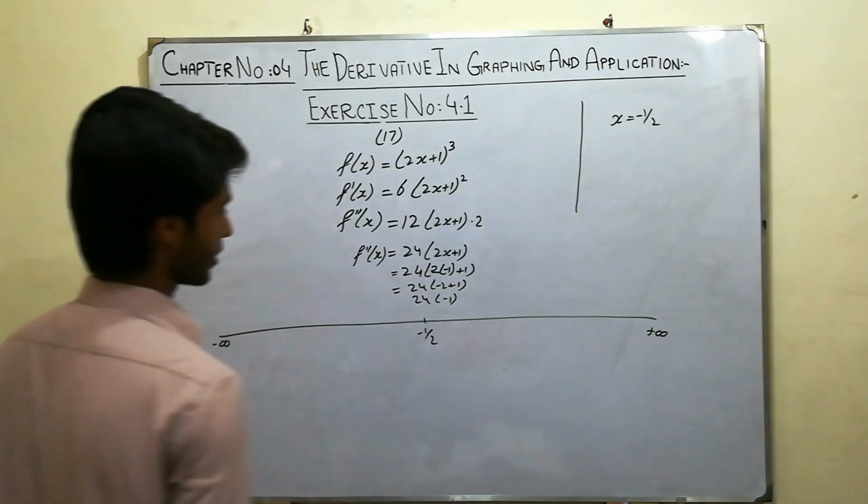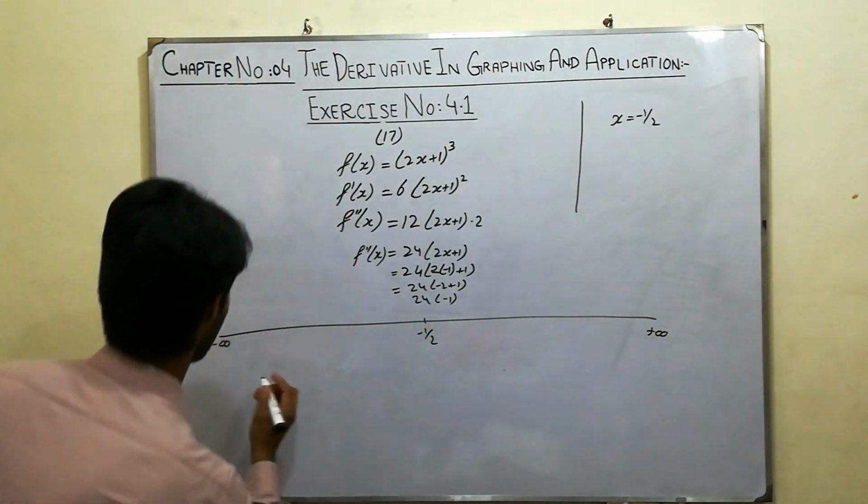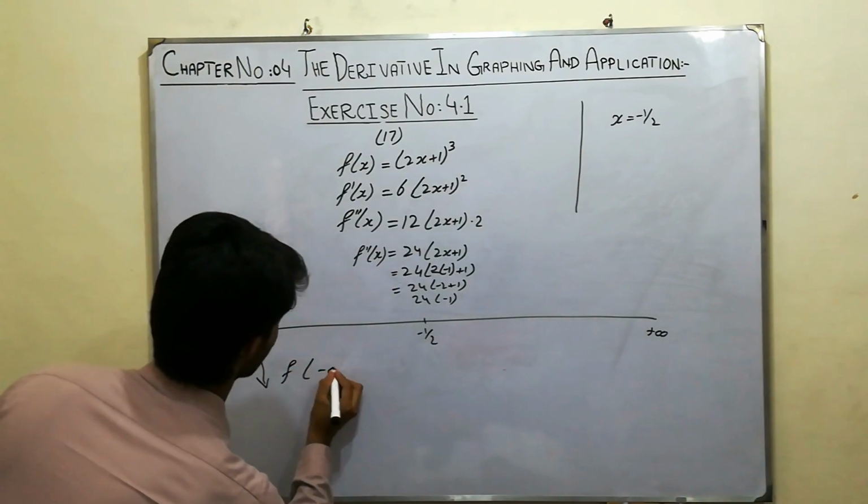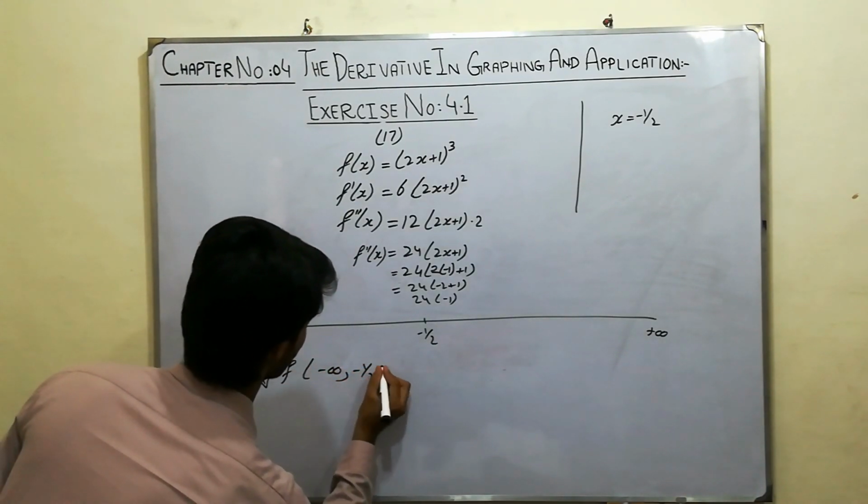So we have a negative value, it means the function is concave down from minus infinity to minus 1 by 2.